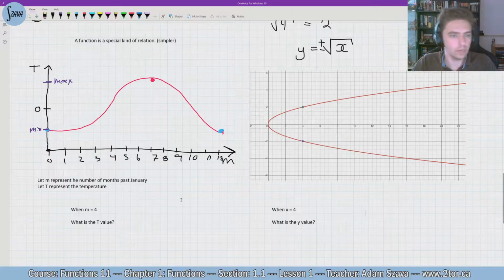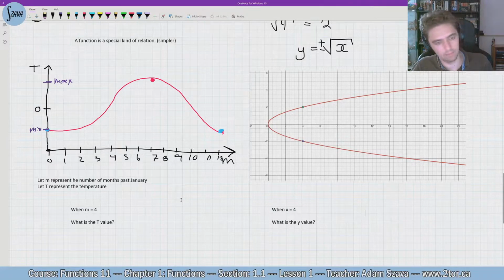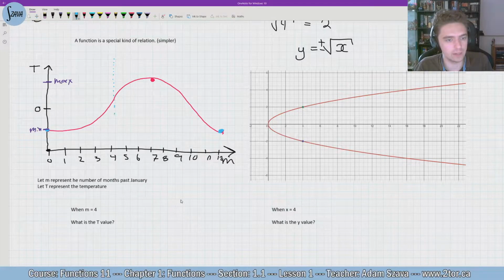So starting with the temperature graph, when m equals 4, and whenever I say when x equals something or m equals something for the independent variable, I want you to imagine kind of like a dotted line here. What's the y value? Well, that's kind of like what's the height of the graph on this line. So it's going to be right there. And that height is whatever this is there. So close to 0, not the maximum.